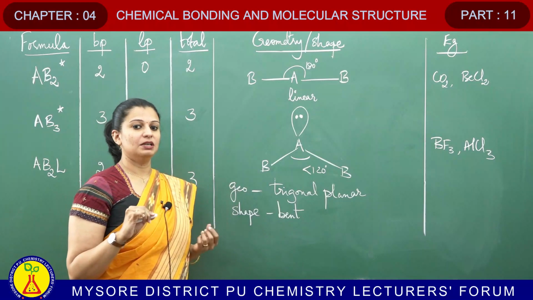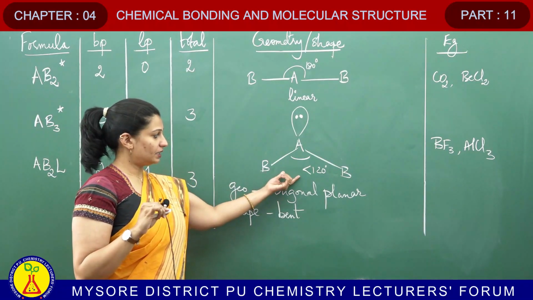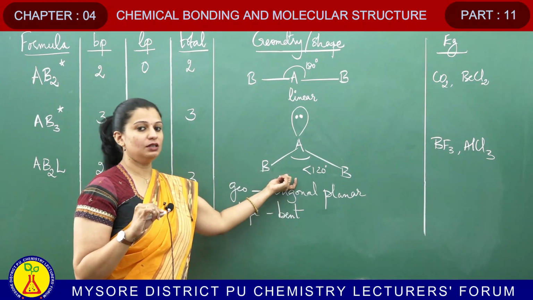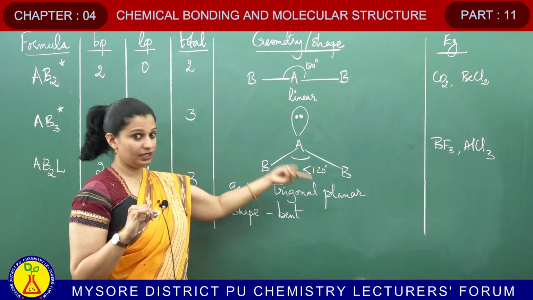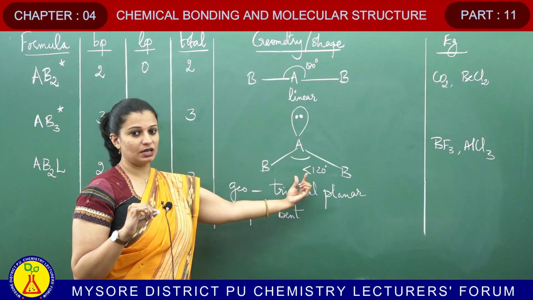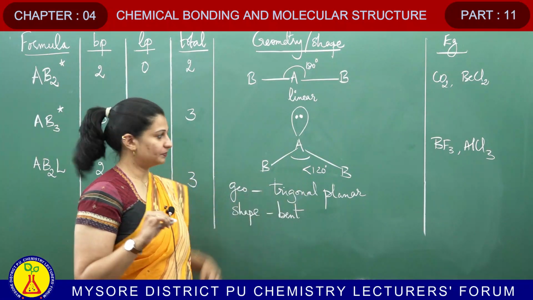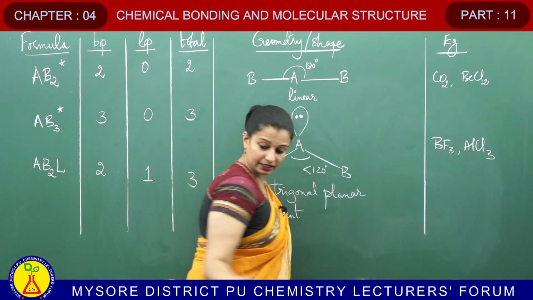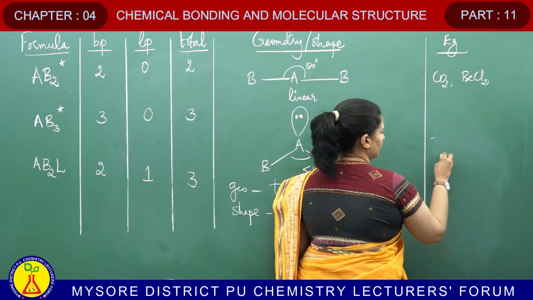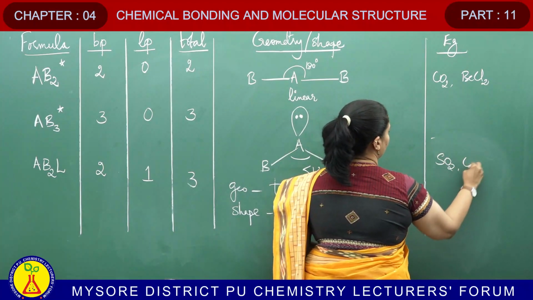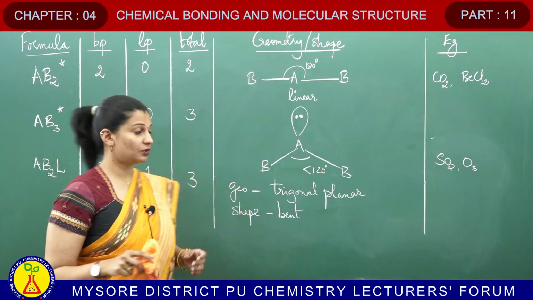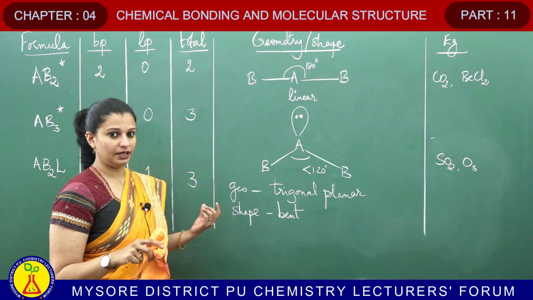To keep the lone pair far apart, the bond pairs will come closer. And the examples that I can quote for this are SO2 and O3, the examples for AB2L.